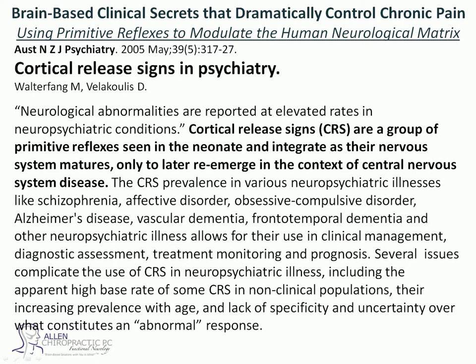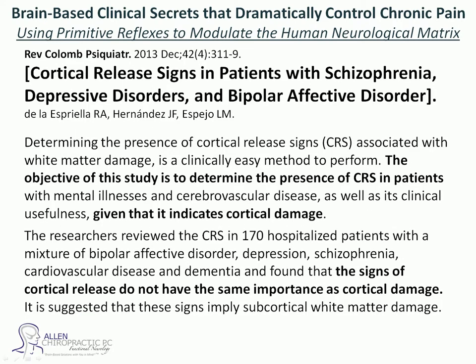Well, as I said, an abnormal response is any response other than normal. And the normal with the asymmetric tonic neck reflex and the Galant reflex, you'll be sure and see when we get done here. Here's another paper on cortical release signs in patients with schizophrenia, depressive disorders, and bipolar affective disorder.